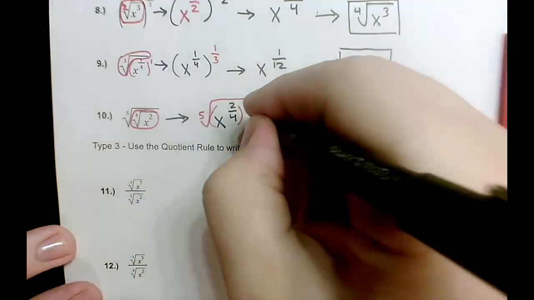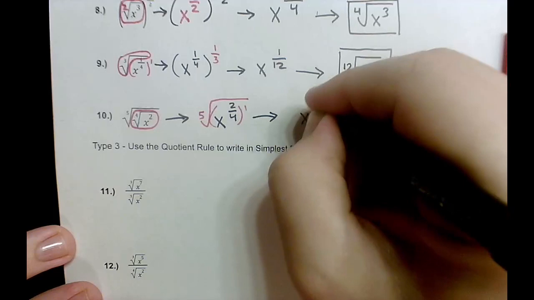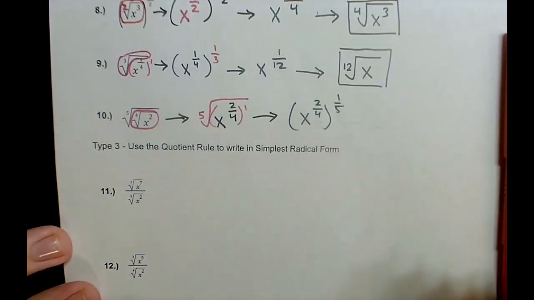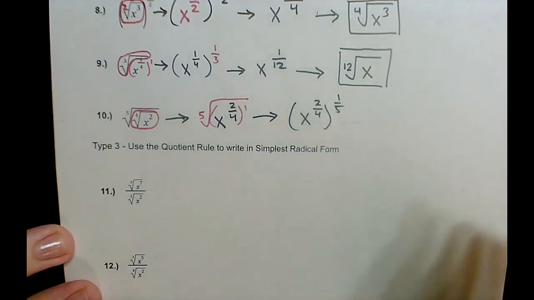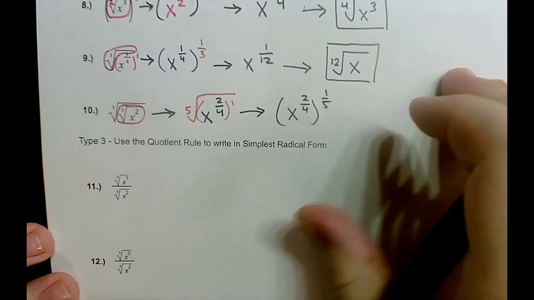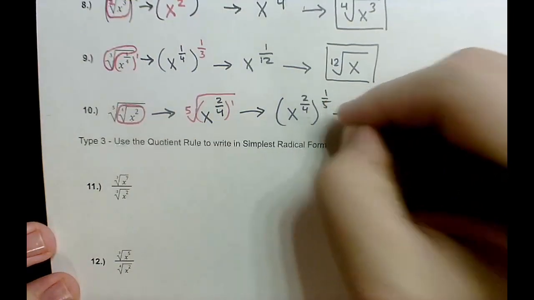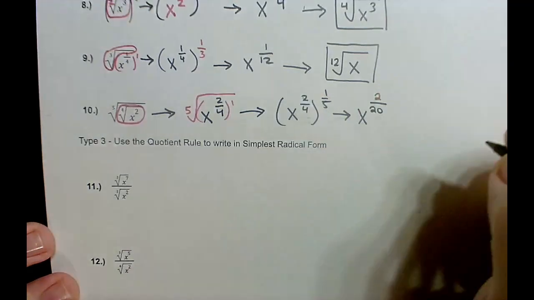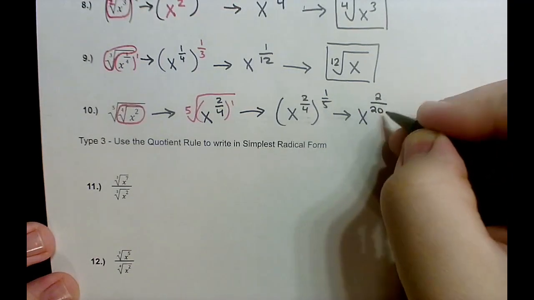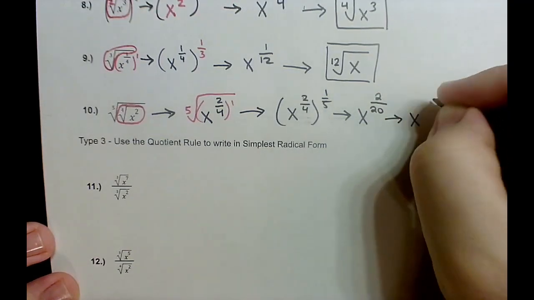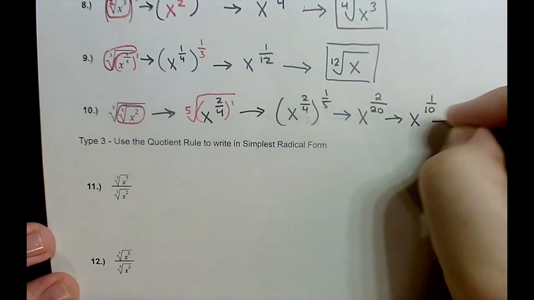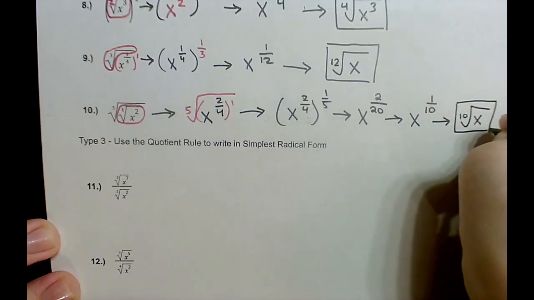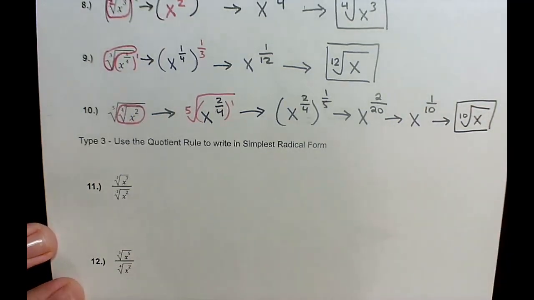So let's rewrite that as x to the 2/4 to the 1/5. And now that both of those radicals have been turned into fractions, we can multiply. 2 times 1 is 2. 4 times 5 is 20. And hey, 2 over 20 is going to reduce down to 1/10. And so that would be the 10th root of x, or 10th root of x to the first power, whatever you want to call it.